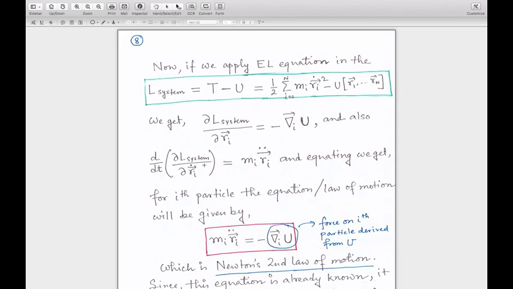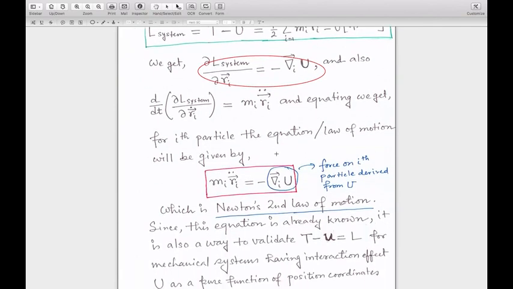If you do that, you see that del L system del r_i, vectorially, is nothing but minus nabla_i of U, that is the gradient with respect to the position coordinates of the ith particle over the scalar U. And d/dt of del L system del r_i dot is nothing but m_i r_i double dot, that means the acceleration of the ith particle.